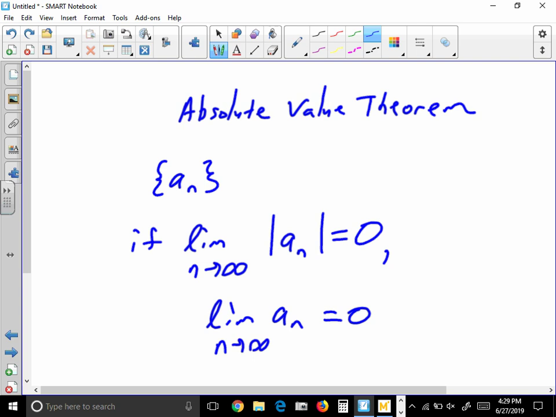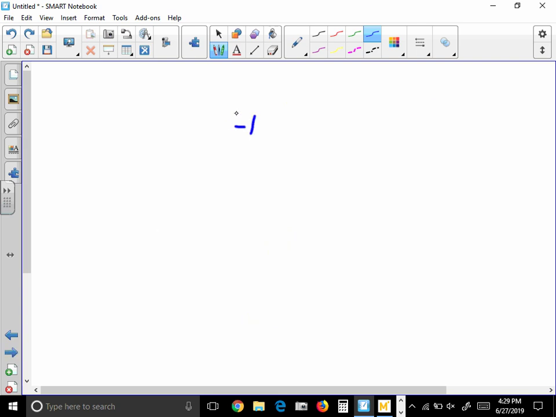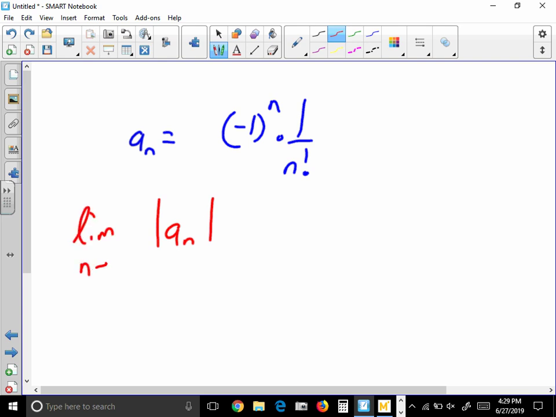So let's see what we mean by that. Let's go back to this previous example. So here is our sequence. They say, let's take the absolute value of that sequence and see what it goes to. What part is making the sign negative sometimes?